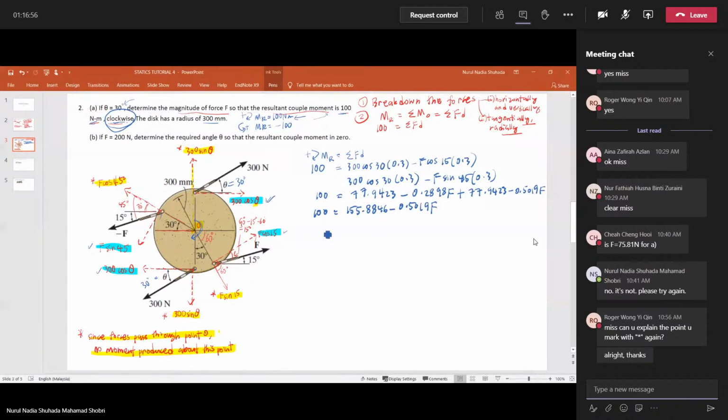If you solve this, you will get about 111 Newton. So this is the answer for question A.